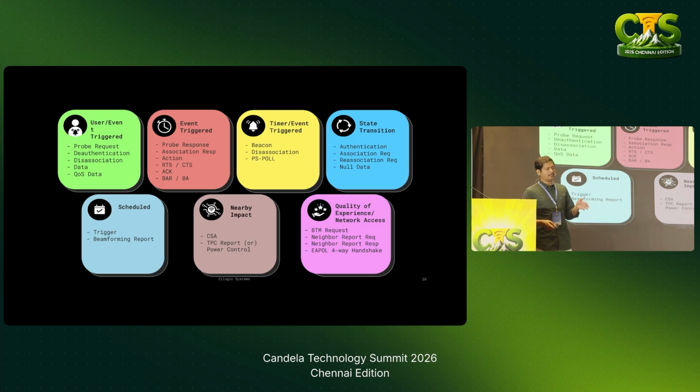The EAPOL four-way handshake that I mentioned here in the quality of experience is because it gives the network access. The EAPOL four-way handshake is a data frame which only appears in the air to allow access to a station on the medium.